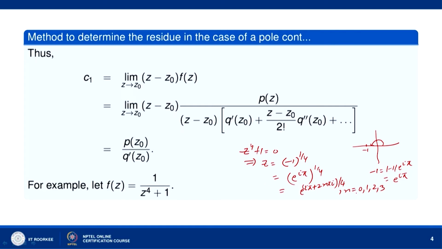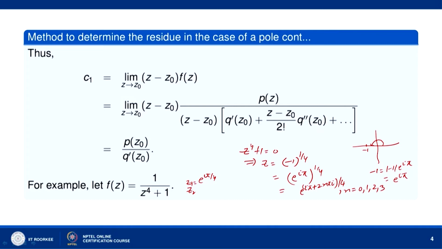So applying de Moivre's theorem, the 4 roots of (minus 1) to the power 1 by 4 are given by e to the power i(pi plus 2 n pi) by 4, where n is equal to 0, 1, 2, 3. That means that when you put n equal to 0, you get e to the power i pi by 4. Let us call it z1.